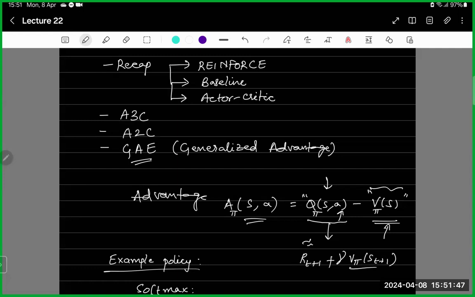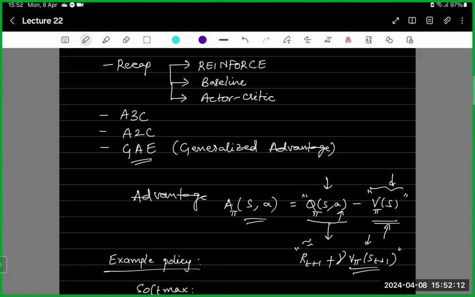Because if you just maintain the value network corresponding to V, then you can estimate both these things, correct? So here we are using a one-step approximation, one-step bootstrapping for Q, right? What else could we have done for Q here?